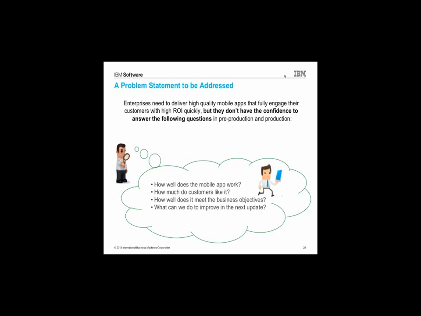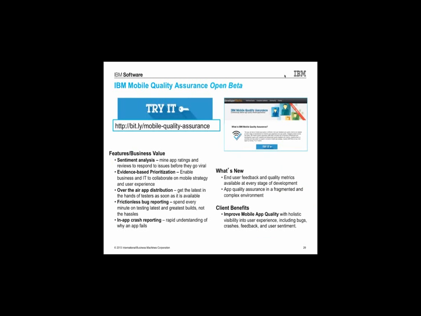Number one is, how well does the mobile app work? Do customers like it? Does it meet expectations? And what can we do quickly to improve in the next update? These are really hard questions to answer if you don't have a way of getting really good feedback early and often from the process.